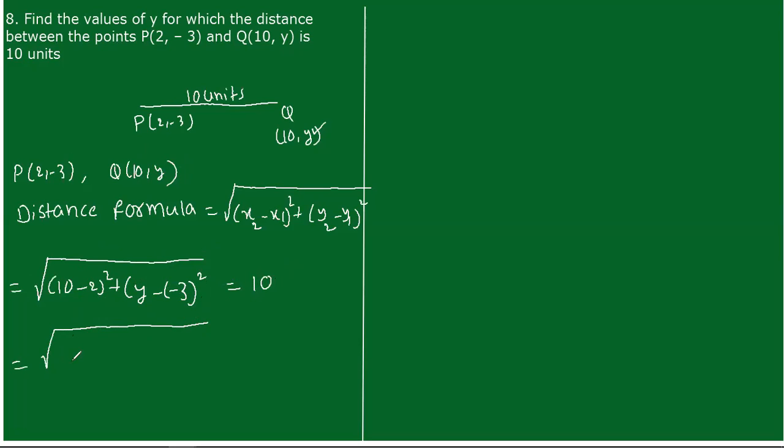10 minus 2 is 8. So 8 square here, and minus into minus is plus, so we can write (y plus 3) whole square is equal to 10. So here we can write the square root of 64 plus (y plus 3) whole square is equal to 10.